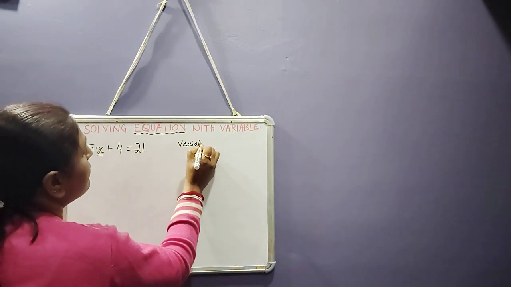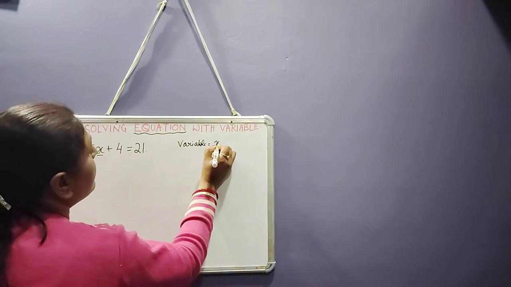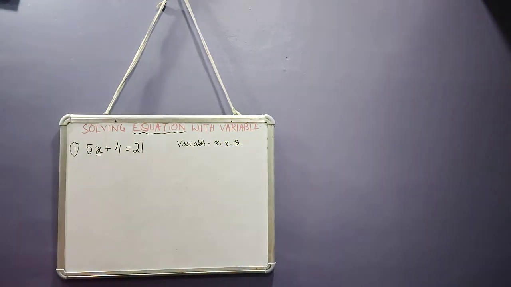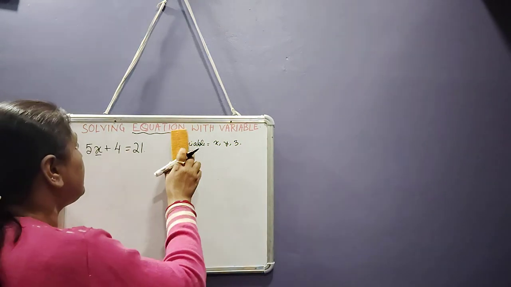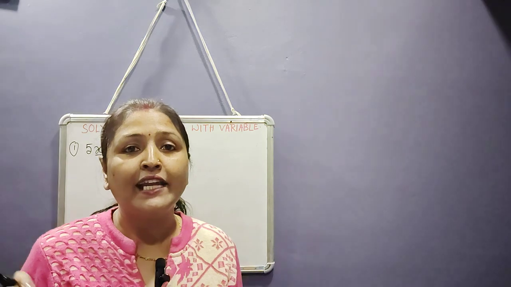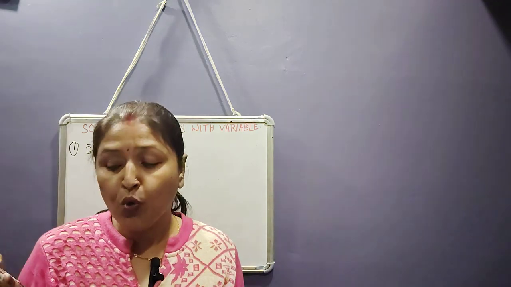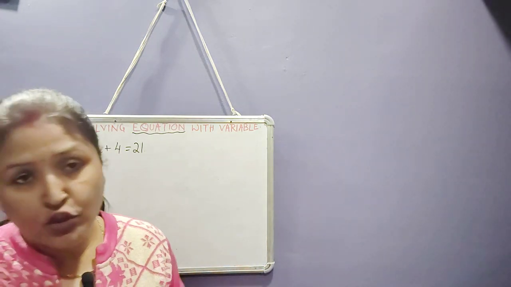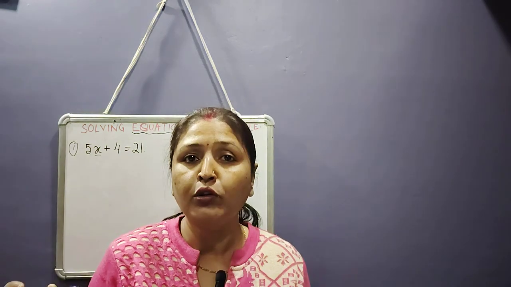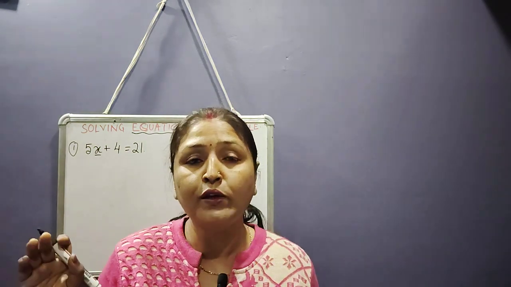It can be x, y, z, anything, any alphabet. So an equation is a mathematical expression with a variable and a constant, and it shows that the two expressions, the variable and the constants, are equal. Both sides of the equation are always equal.